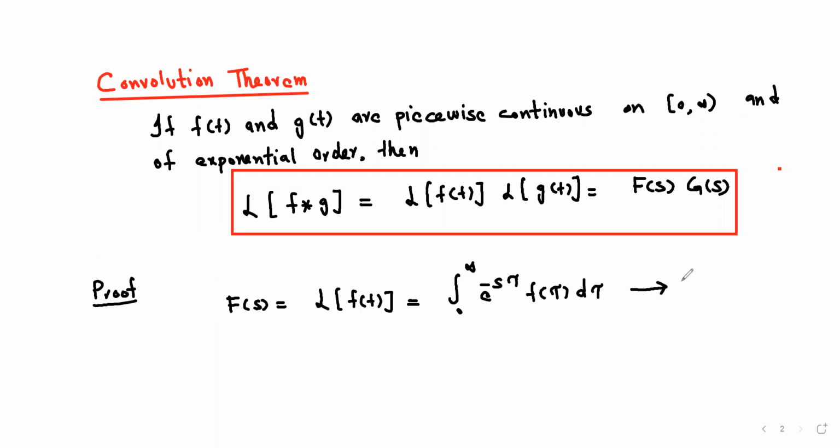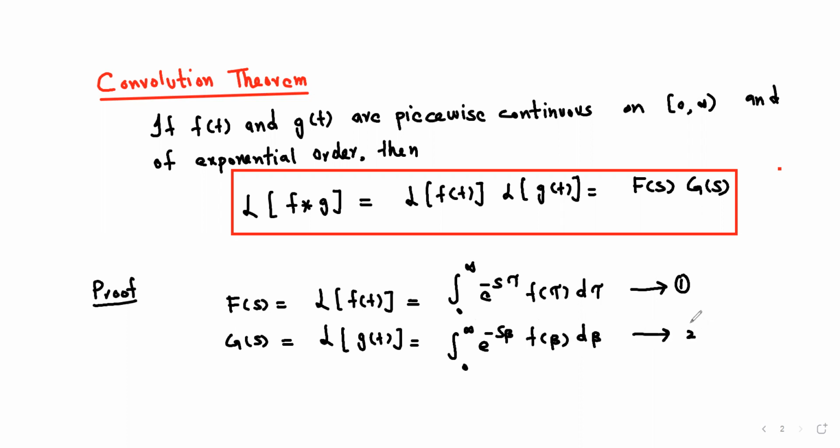I call this equation number 1. Similarly, G of s is the Laplace transform of g of t, and by definition the integral from 0 to infinity of e raised to power minus s beta, g of beta, d beta, which is equation 2. Here beta is a dummy variable; we can change it to x or tau 1, anything.